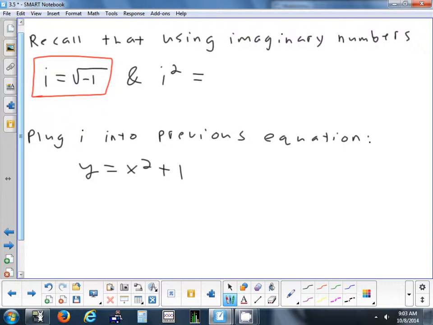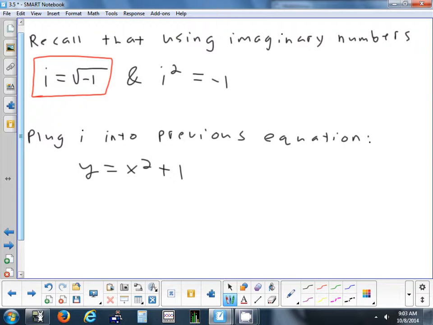Okay, so here's a basic definition. Okay, i is the square root of -1. Okay, that's not something we prove. It's a definition that we build off of. It's just the way it is. i is the square root of -1. So what would i squared be? Yep, -1.